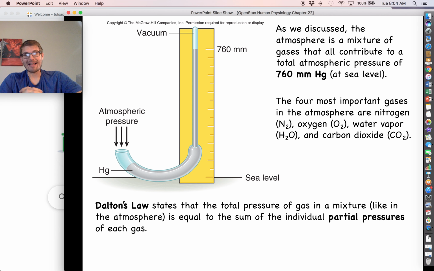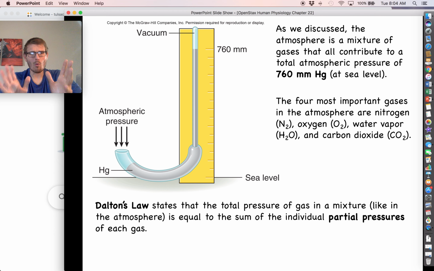So something that you hopefully remember from your chemistry class when you talked about gases is something called Dalton's Law. If you have a mixture of gases, which is what our atmosphere is all around us, the total pressure of that gas mixture is equal to the sum of the individual partial pressures.